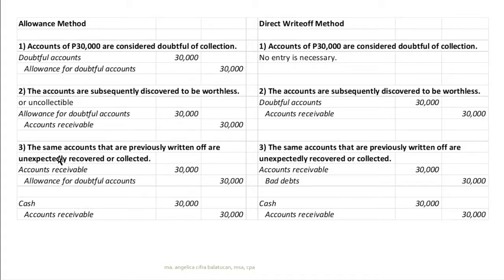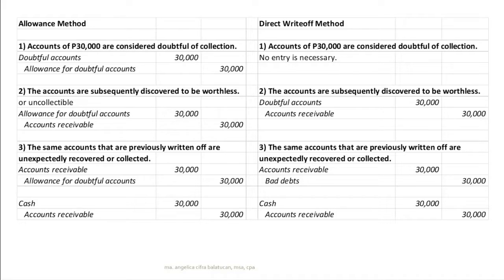Number 3, the same accounts that were previously written off are unexpectedly recovered or collected. This happens when we have removed it and already prepared the entry. Then, some days or months or a year after, the customer comes back and says he has a lot of money and will pay his old account.